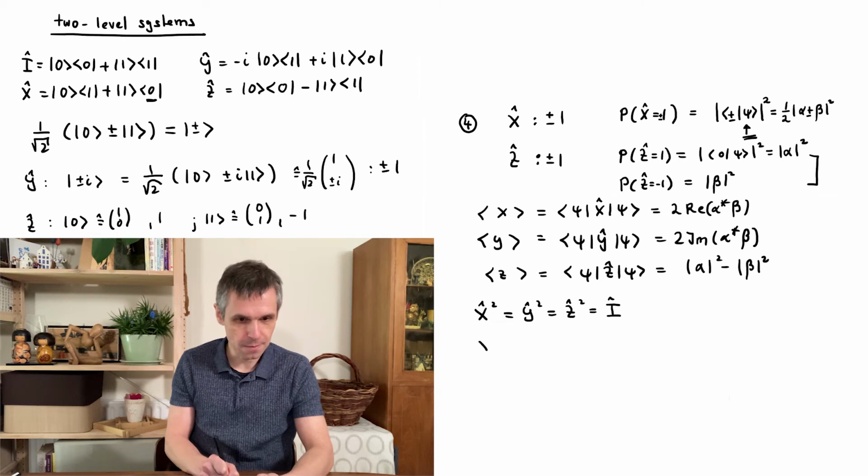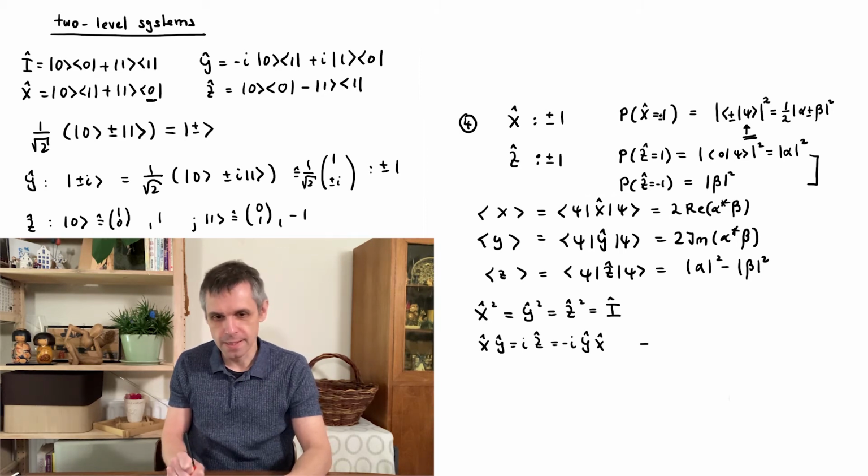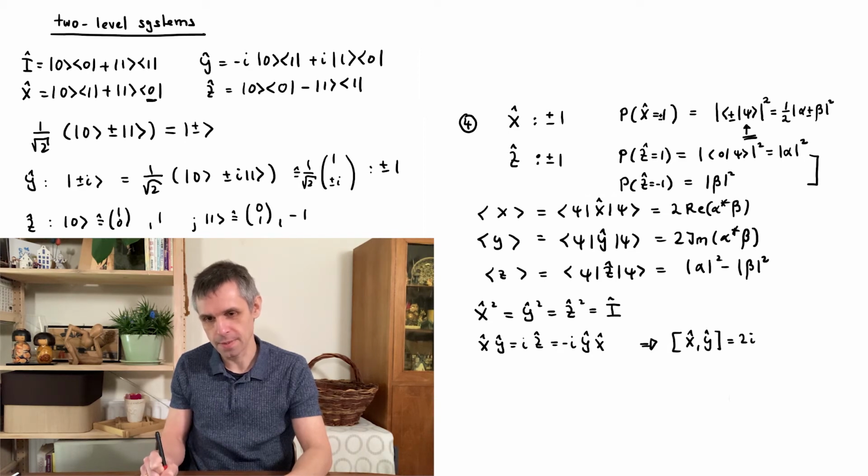Well, there is another one, namely if you take the product of two of them, the result is proportional to the third one. And furthermore, you always obtain the opposite result when you multiply these operators in opposite order. And this, for instance, means that the commutator between x and y is just 2 times i times z.